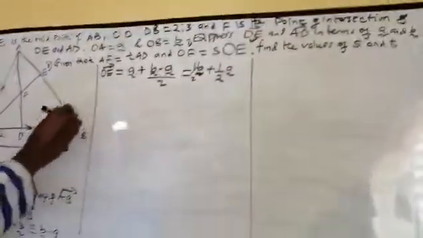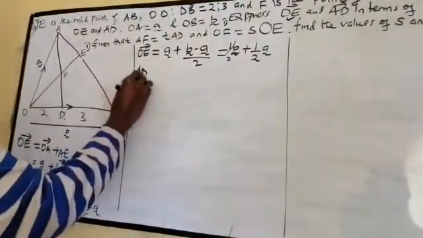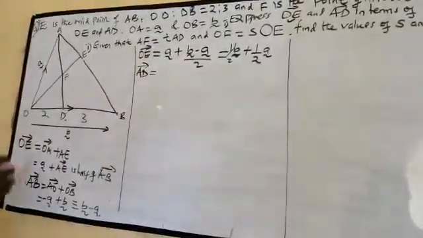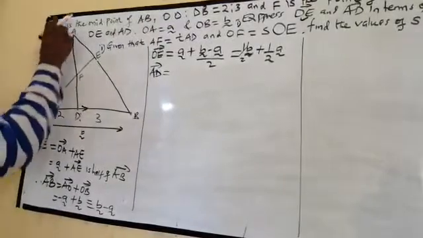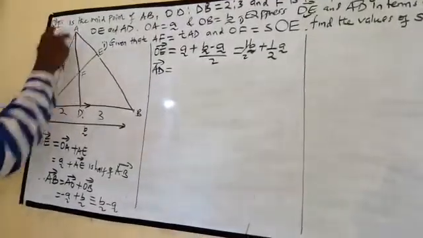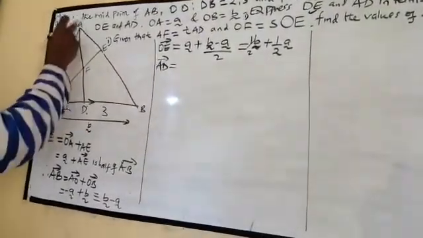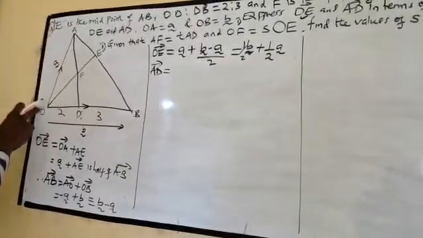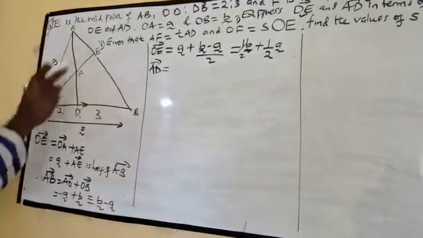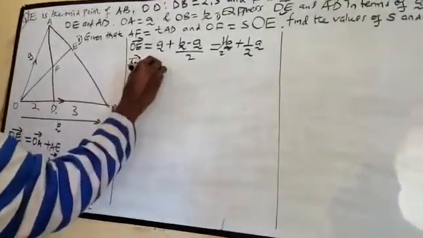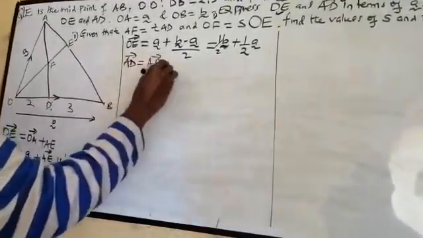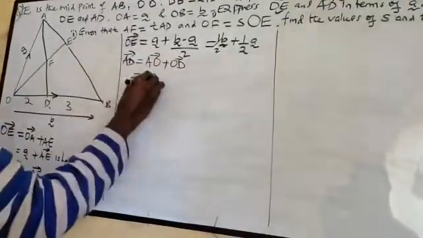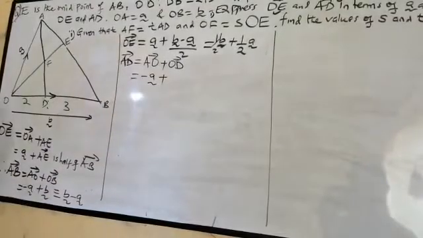Now the remaining one is AD, again in terms of A and B. AD is this vector here, from A to D. That means from A to D, it is AO plus OD for us to get AD. AO is negative vector A, plus OD.